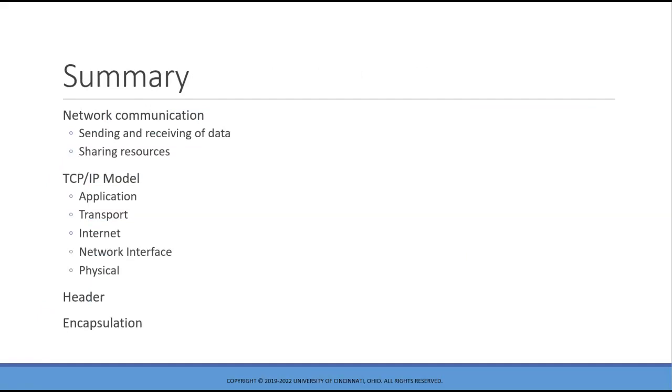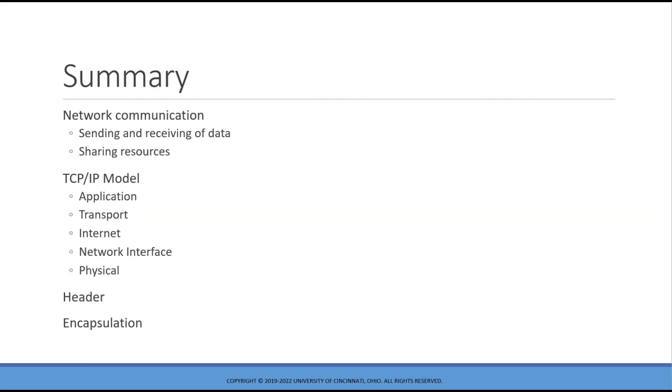This module explains that network communication consists of sending and receiving data, plus allows for the sharing of resources. The TCP/IP model is introduced, explaining the 5 layers. The application layer is where the user interacts with the applications that reside there.